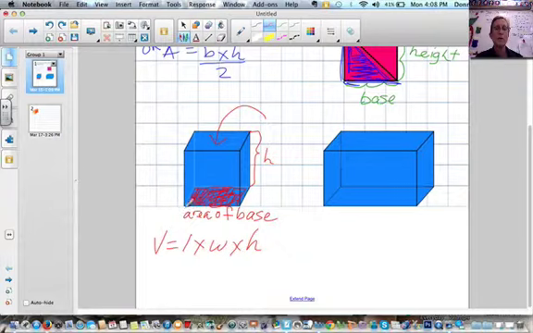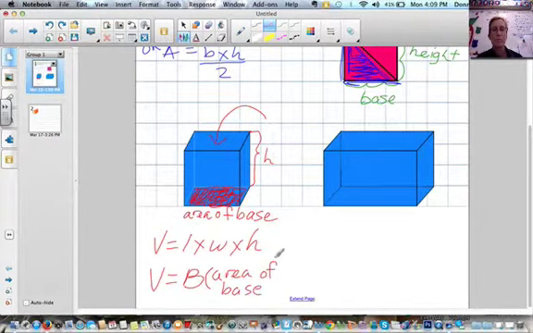You're just going to multiply all 3 dimensions together, and that's how you come up with the volume. But another way to think of it, and this will apply to more than just the rectangular prism, is the area of the base, which we're going to call big B. Okay, area of the base. I'm going to write what that means. Area of the base times the height.